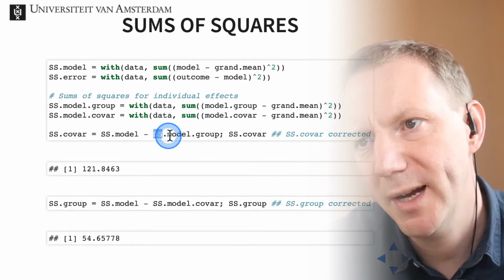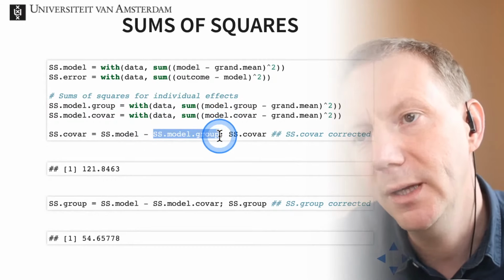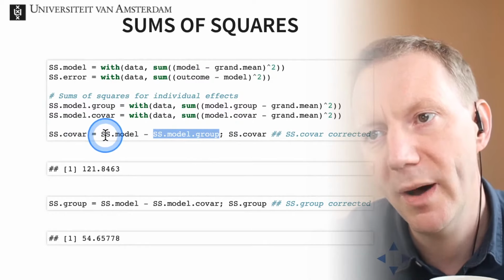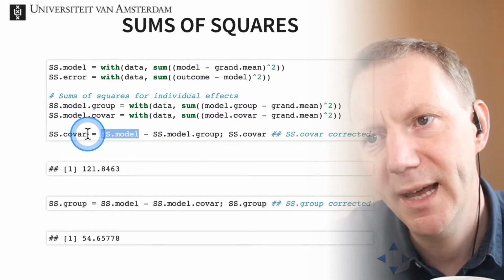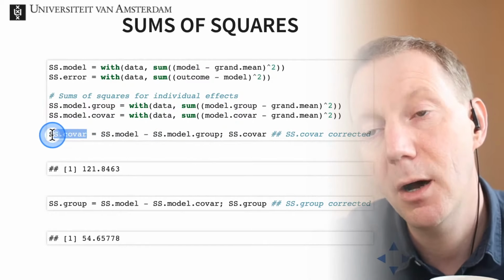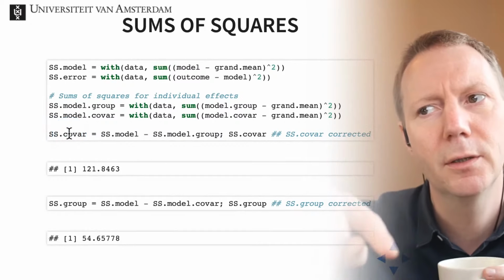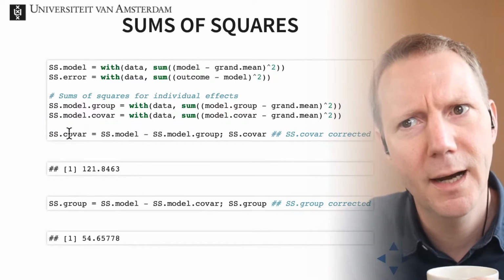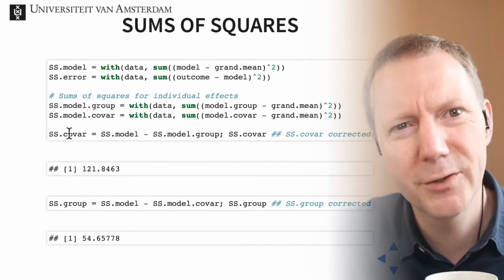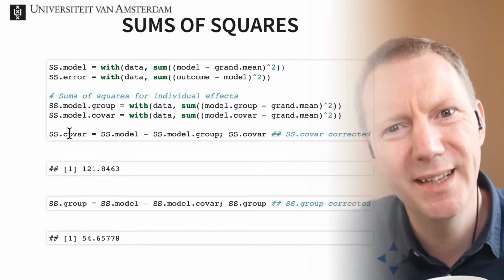If I subtract the amount of variance that I have only in the groups from the combined model, I'm left with the part of the covariate that's corrected for the grouping.